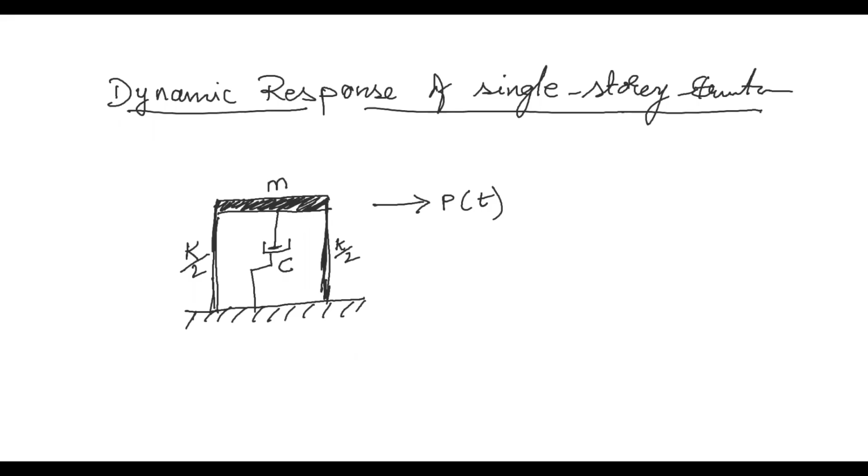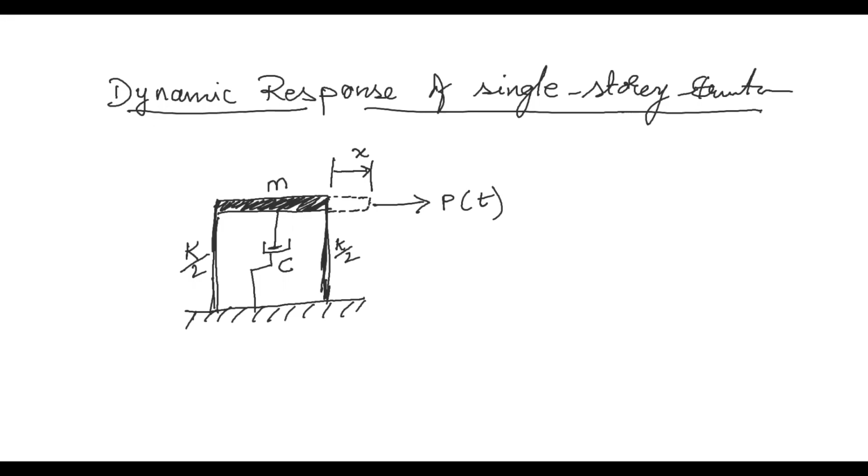Right? So now this external force P of T will develop some displacement, as I have given in the earlier equation. It will develop some displacement, the x displacement, like this. So this structure will move like this up till here.